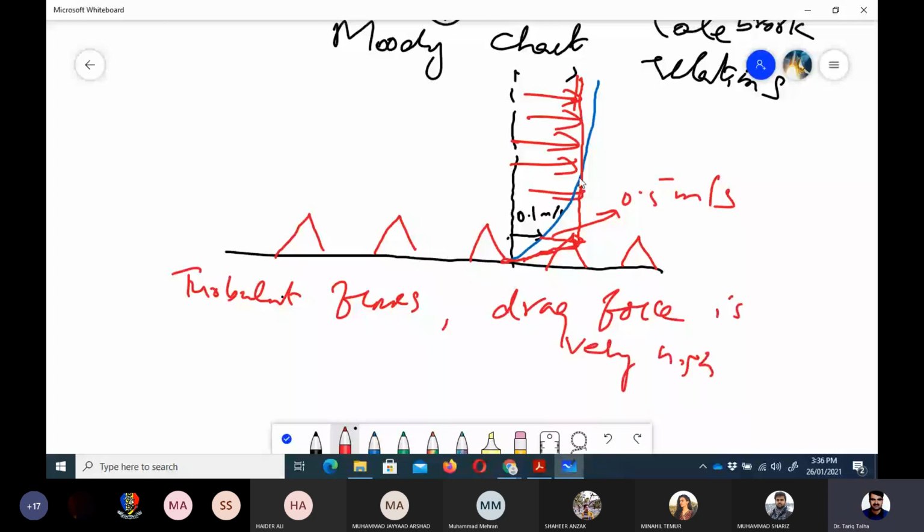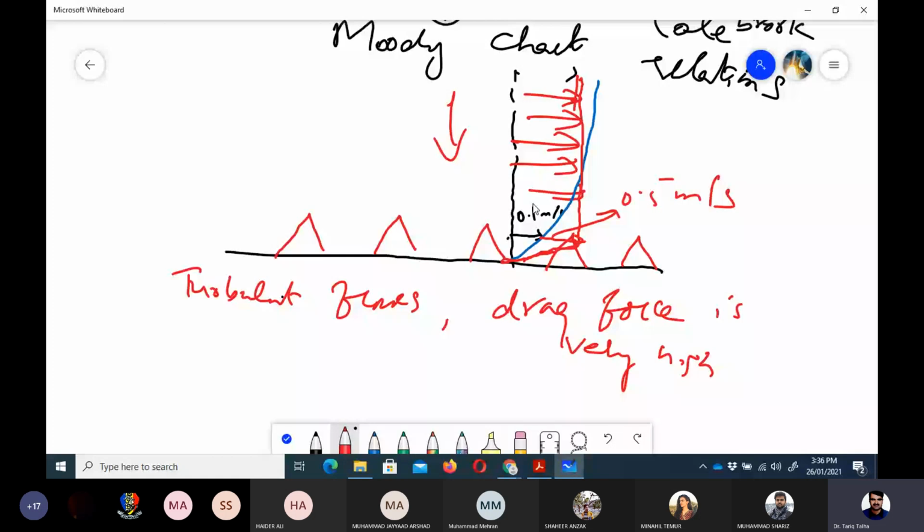Very high, because there the velocity in the near wall region is very high due to that translation of high velocity fluid. But in the laminar flow, we know that there is no inward translation of motion from the core region, so that's why we have got low velocity, which is 0.1 meter per second.